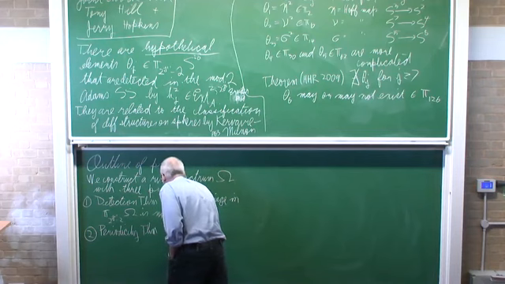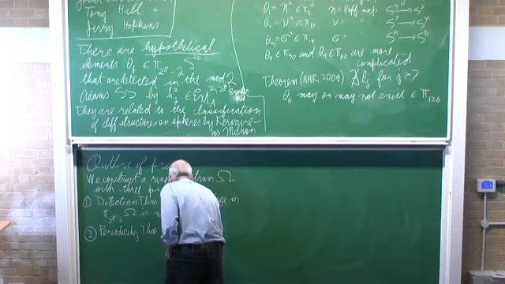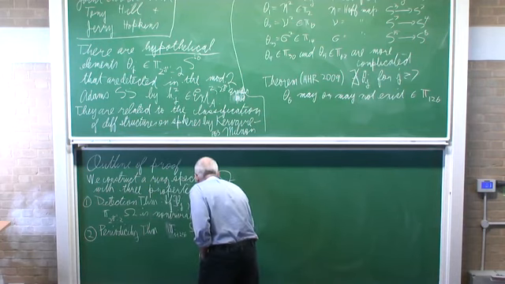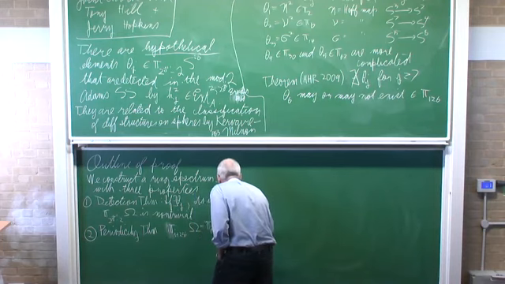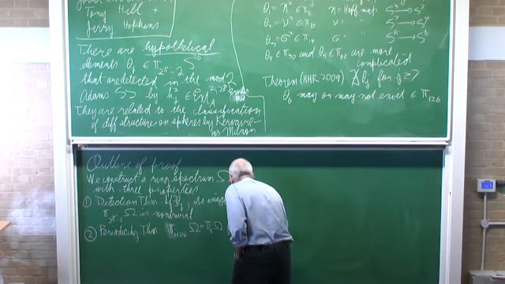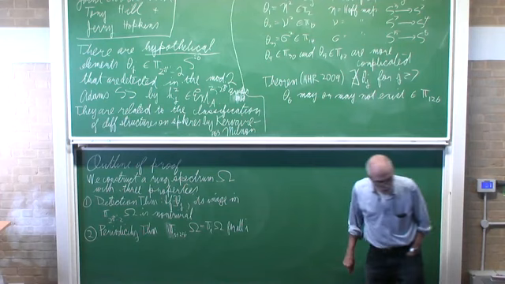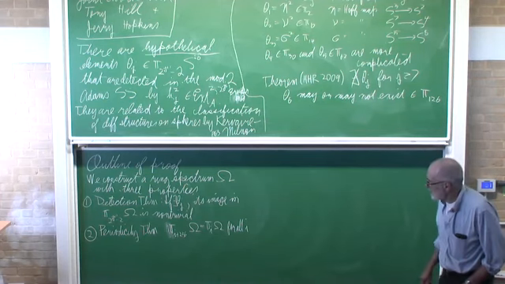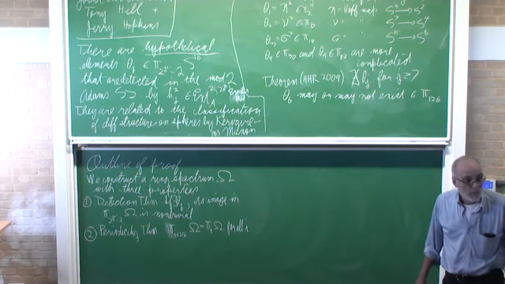In fact, it's equal to its 256th suspension. I wanted to write that it's equal to its 256th loop space, but then I'd get into trouble with the symbol omega.